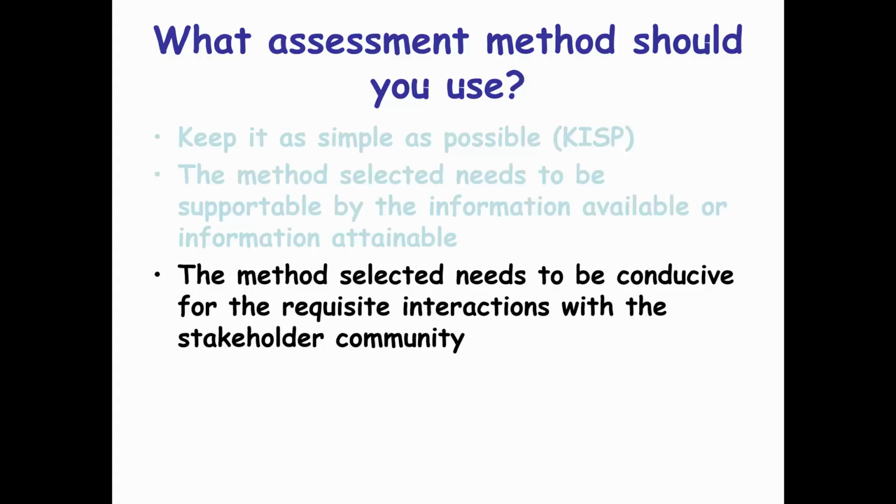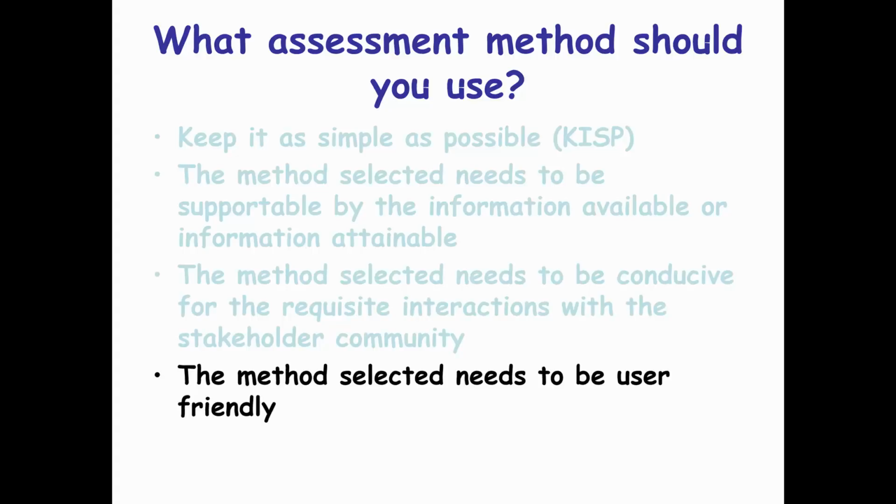And here's why it's very important that the method that you use is supported by the information available, because you do not want to go before an audience of stakeholders and try to throw up a smoke screen over what you're doing. You want to be able to have information that supports your conclusions, because it becomes very embarrassing when you stand before a group and you can't really support the arguments that you're making.